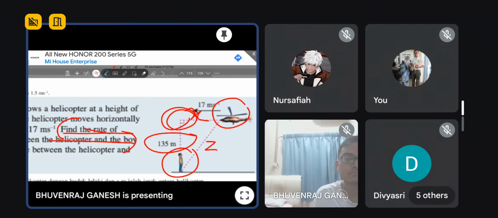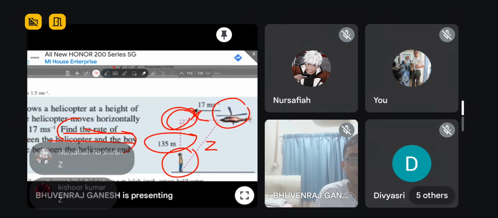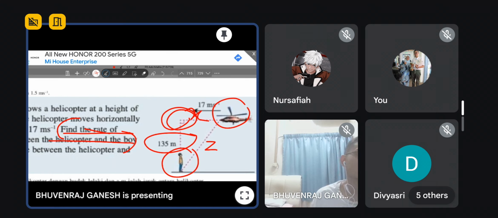Which one? Okay, yes, correct. The answer is z. Jawapan is z. Because we measure the distance this way.